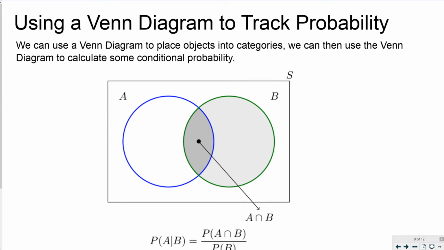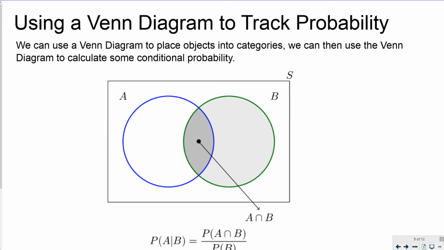Okay, and then quickly, we're going to use a Venn diagram to track probability. If you have probability in a Venn diagram, you can use it to place your objects into categories, and you can use the Venn diagram to calculate some conditional probability.